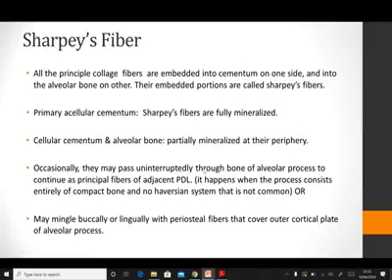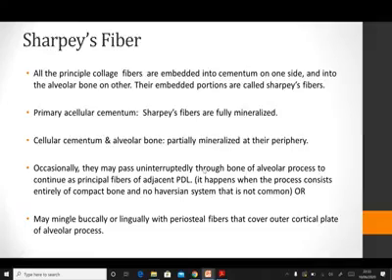The primary acellular cementum has fully mineralized Sharpey's fibers, whereas the bone and the cellular cementum have partially mineralized Sharpey's fibers. Occasionally, these Sharpey's fibers pass uninterruptedly through the alveolar processes to continue as principal fibers of the adjacent PDL.